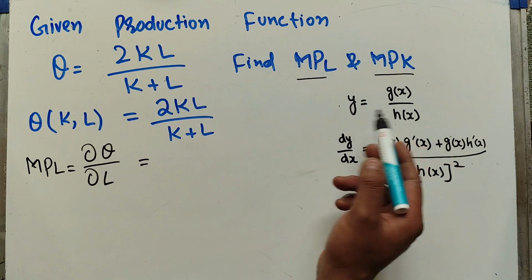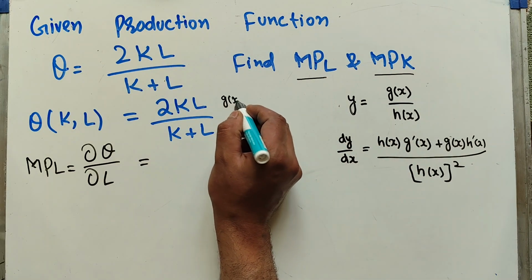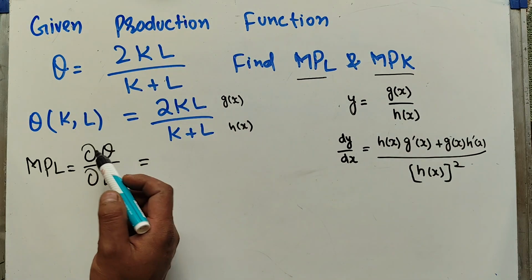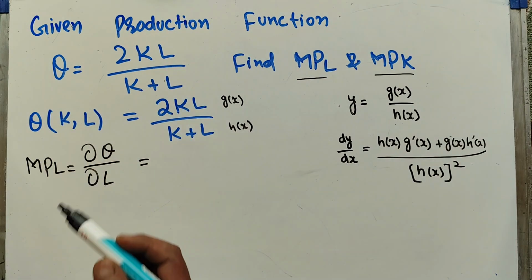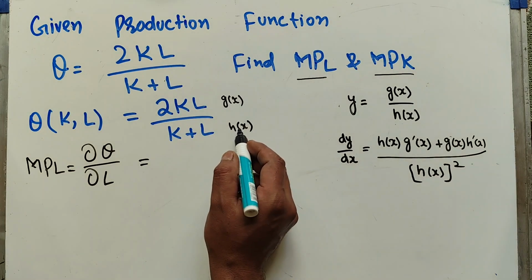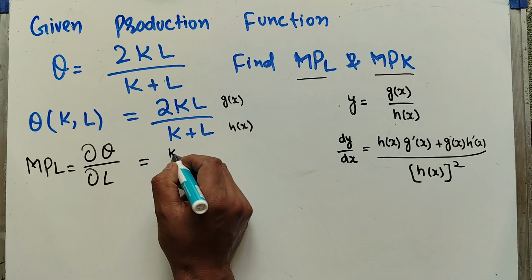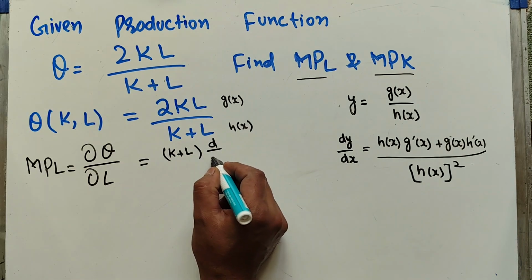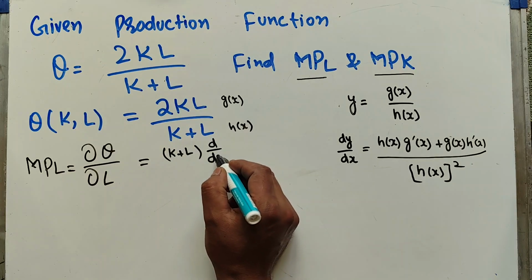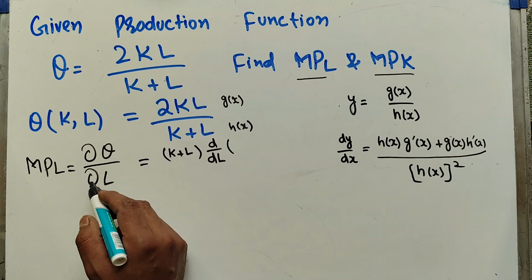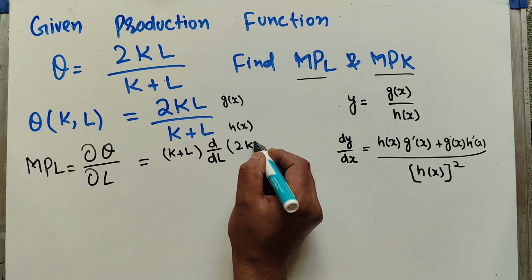So let's say this is g(x) and this is h(x). The partial derivative of this function with respect to L will be: first we write the denominator function h(x), so in place of this we have K+L. We multiply it with the partial derivative of the numerator function, since we are taking partials with respect to L, so we have 2KL.